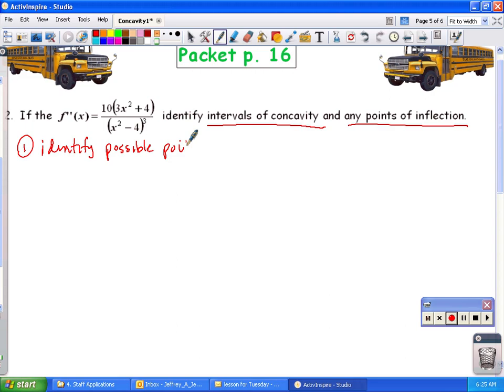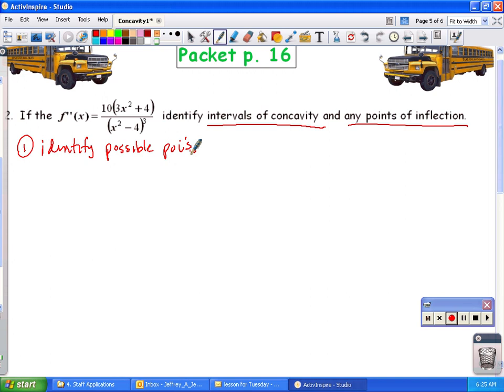Now this is very similar to using the first derivative test to get local maximums and local minimums. Remember, when we do the first derivative test, the first thing we do is take the first derivative and set it equal to 0 to identify critical points.